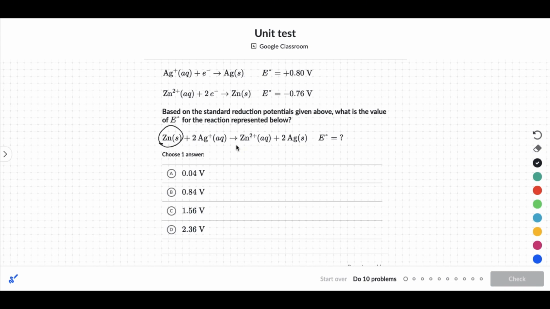Okay, so here we're going to see that our zinc is oxidized because it gives out electrons.